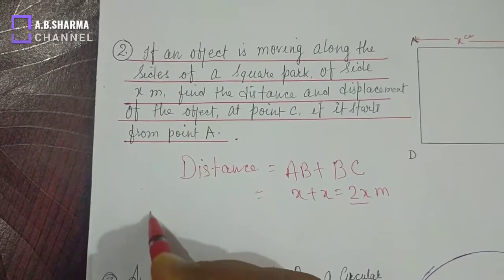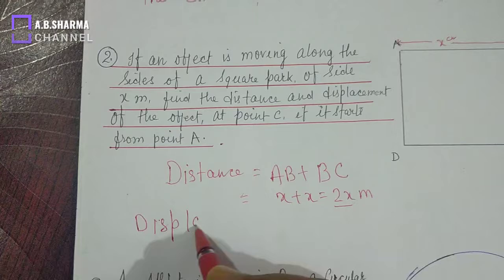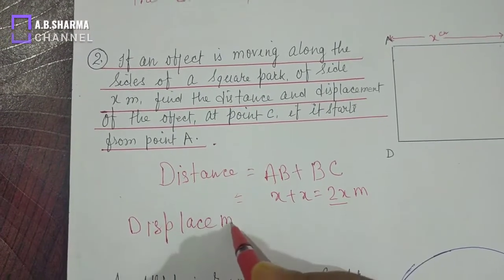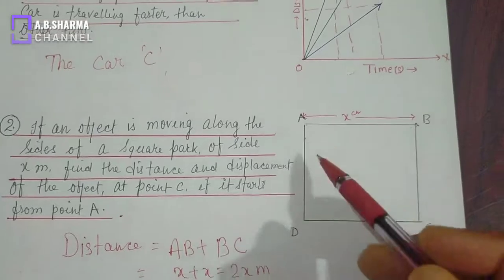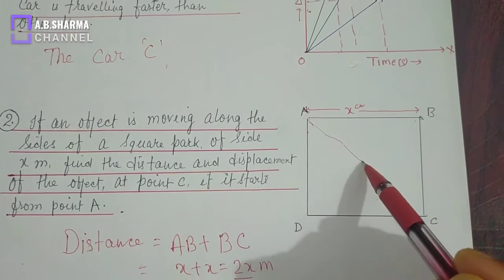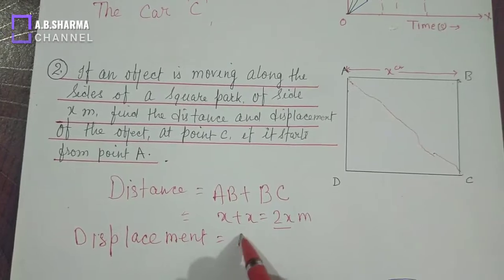But the value of displacement will be the shortest distance, that is, displacement will be AC. AC will be the displacement.